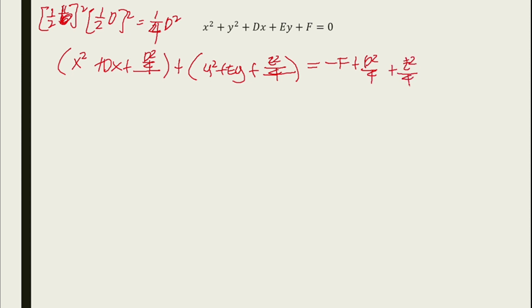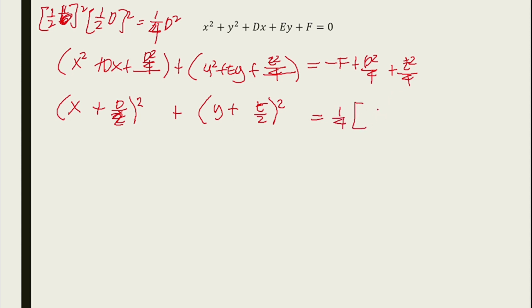After that, we simplify. In the standard form of the equation of a circle, we have x plus d over 2, squared, plus y plus e over 2, squared. On the right, we can factor out 1/4, so we have d squared plus e squared minus 4f.